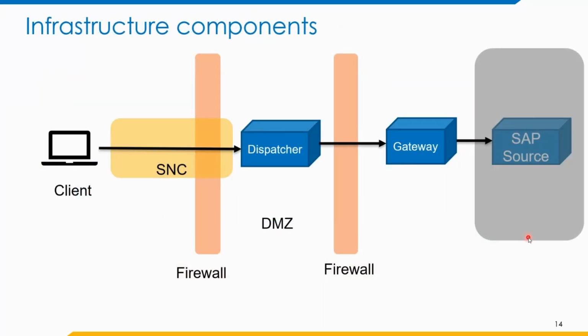Coming to infrastructure components, let us understand the entire infrastructure architecture. Whenever a client is communicating to the SAP source system via secure network communication, it passes through a firewall, and we have an SAP dispatcher and SAP gateway in place. What is an SAP dispatcher? It is a controlling agent that manages the underlying resources.